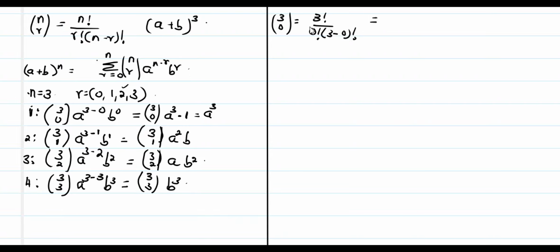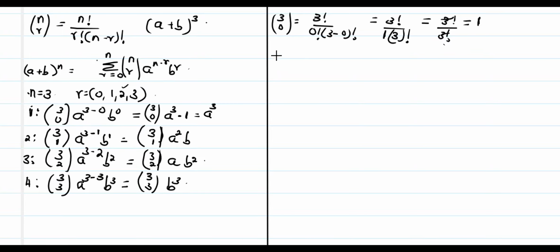Which now becomes 3 factorial over 0 factorial, which is 1. I taught the logic of 0 factorial being 1 in lesson 1. You can review it. Then 3 minus 0 is 3, so factorial, which now becomes, if 1 is multiplied by 3 factorial, it will just be 3 factorial. So it becomes 3 factorial over 3 factorial, which is 1, because if I divide 3 factorial by 3 factorial, I get 1. So the first coefficient is 1.